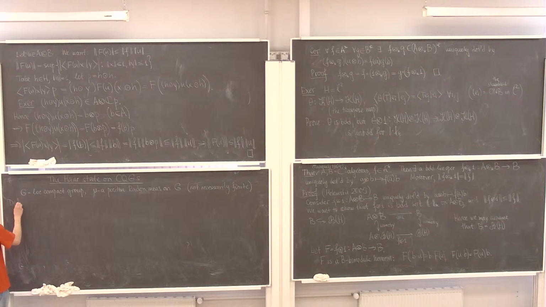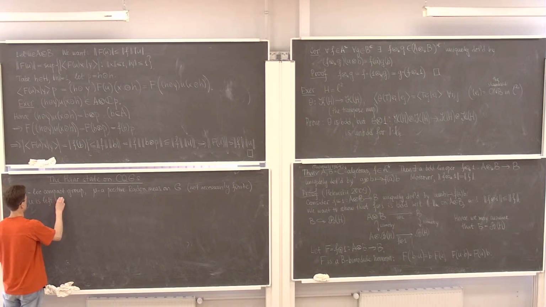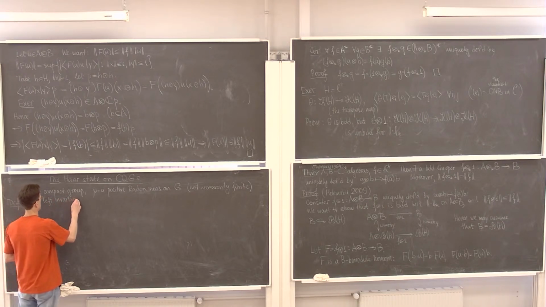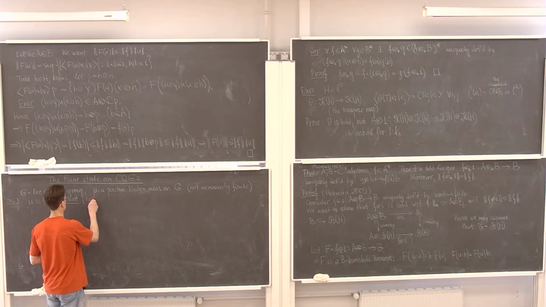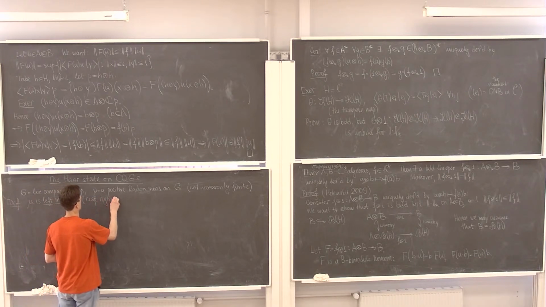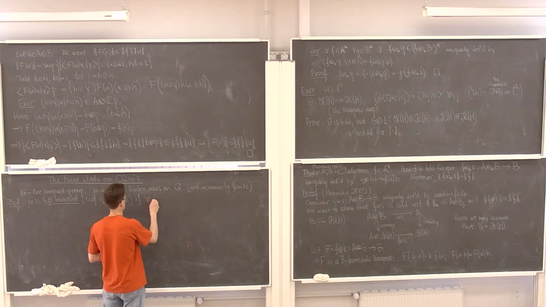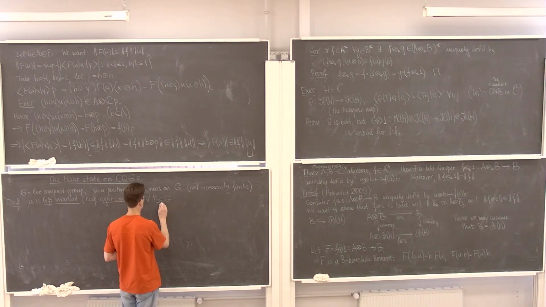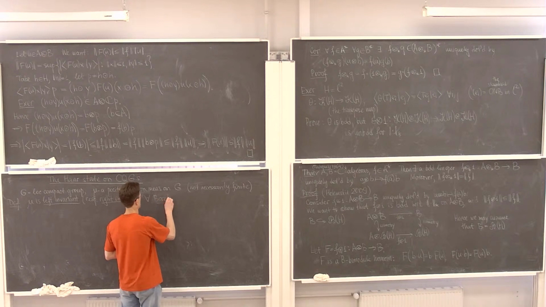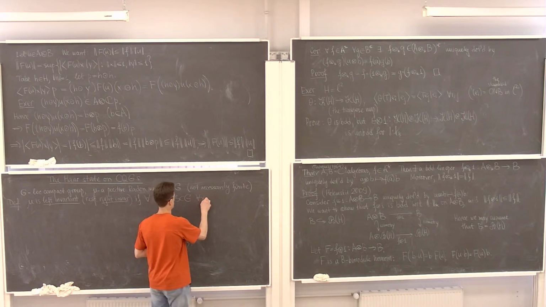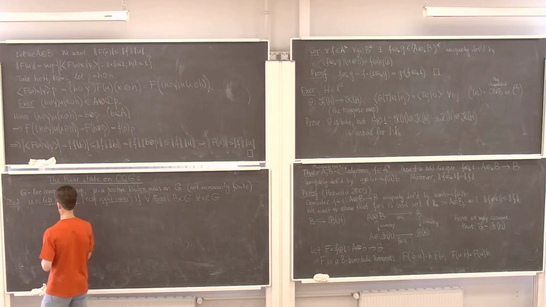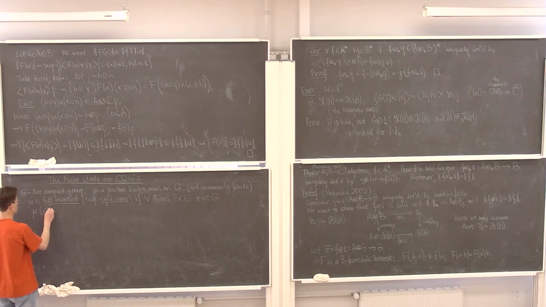We say that mu is left invariant, or respectively right invariant, if for every Borel set B in G, and for every element x, we have the following relation: mu of xB equals mu of B. So the left translate of B has the same measure.